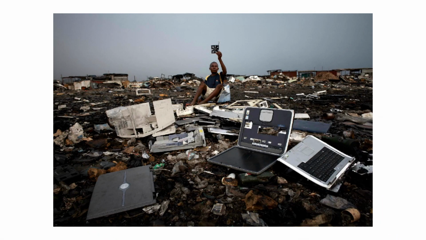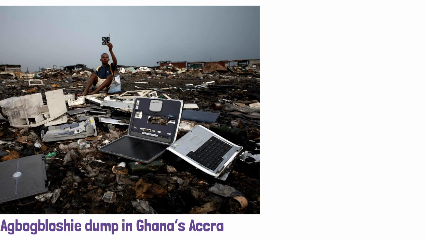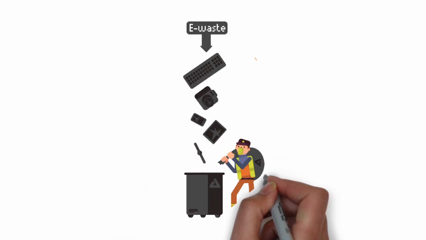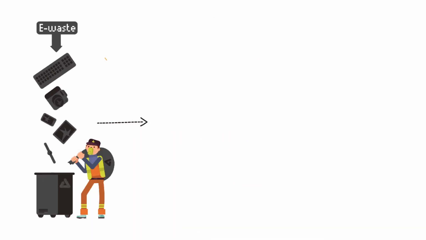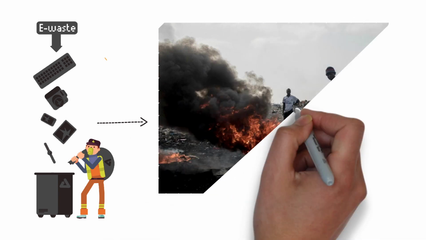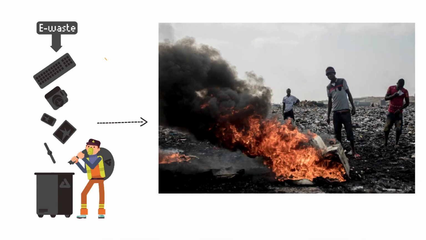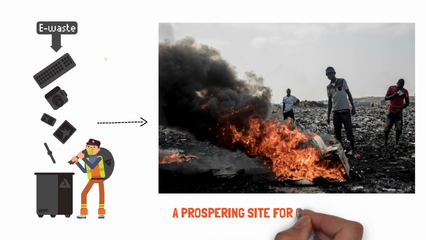One such instance is the Agbogbloshie dump in Ghana's Accra, the most massive e-waste dump. Electronic waste from the West is dumped in this commercial market of Ghana's capital, resulting in not only toxic smoke for the residents, but also a prospering site for organized criminals.